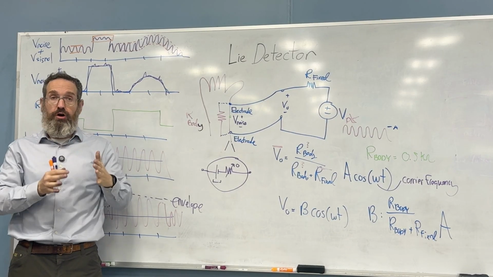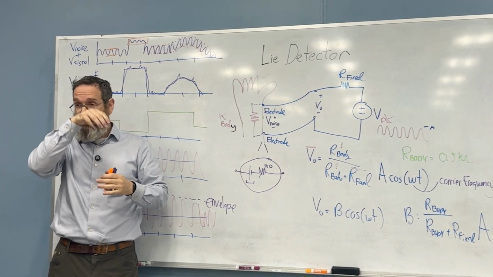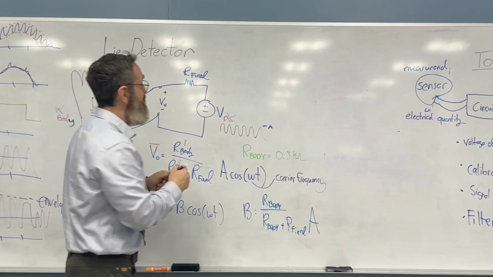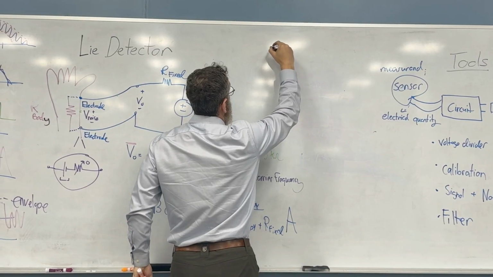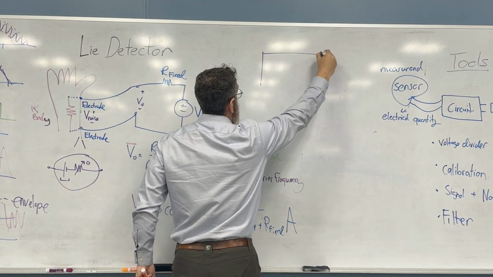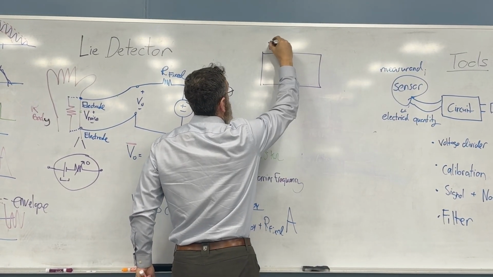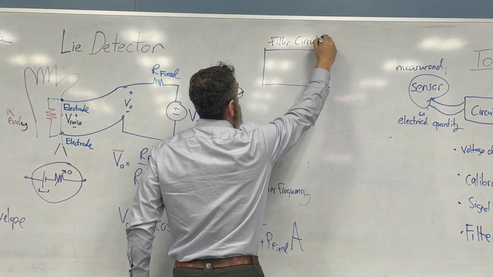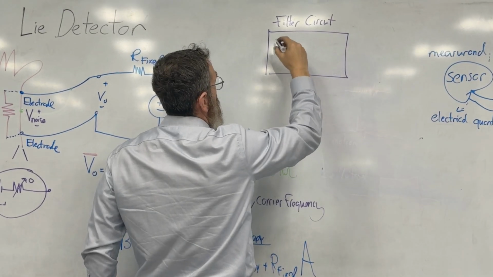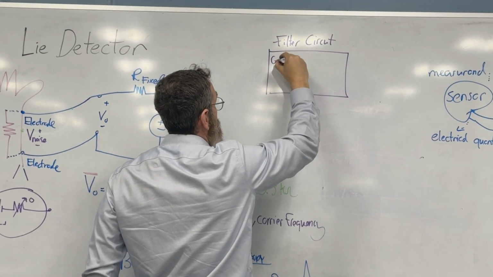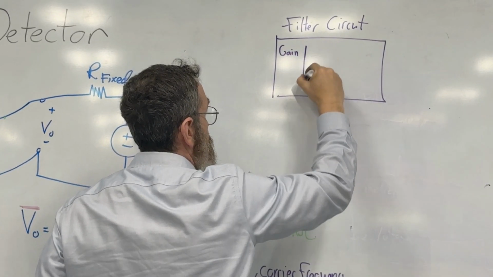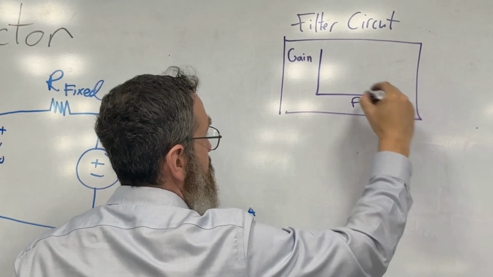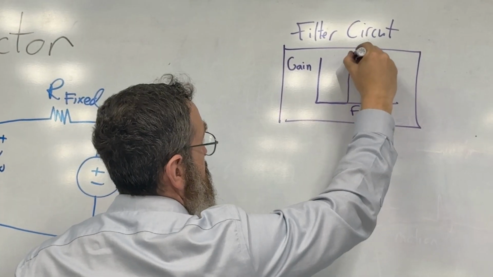That's a perfect problem for a bandpass filter. I want to send it to a filter. I'm going to make it a box. This is my filter circuit. If I look at its gain, I made it small, but hopefully you can see, as a function of frequency, it looks like this.